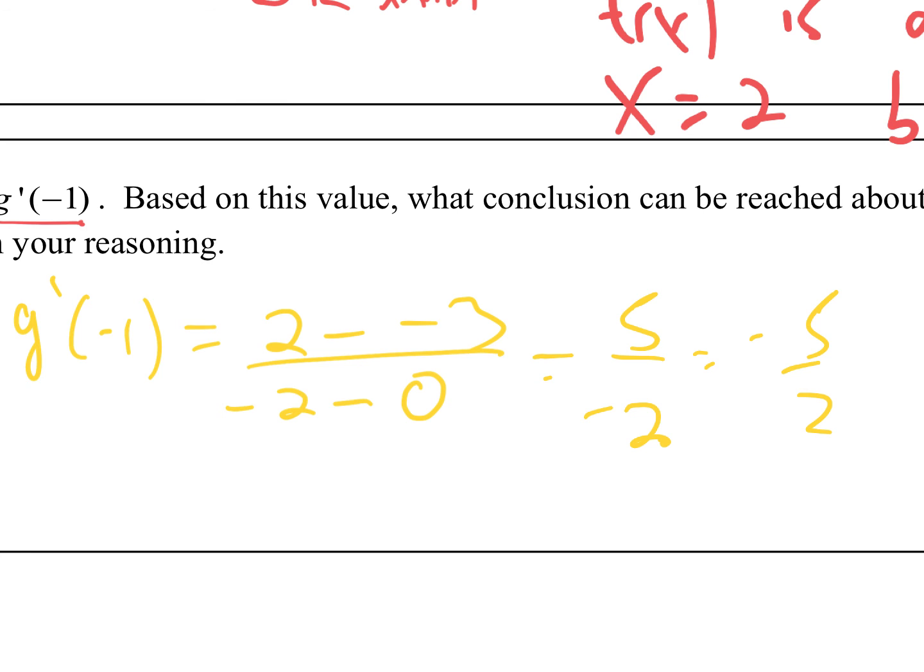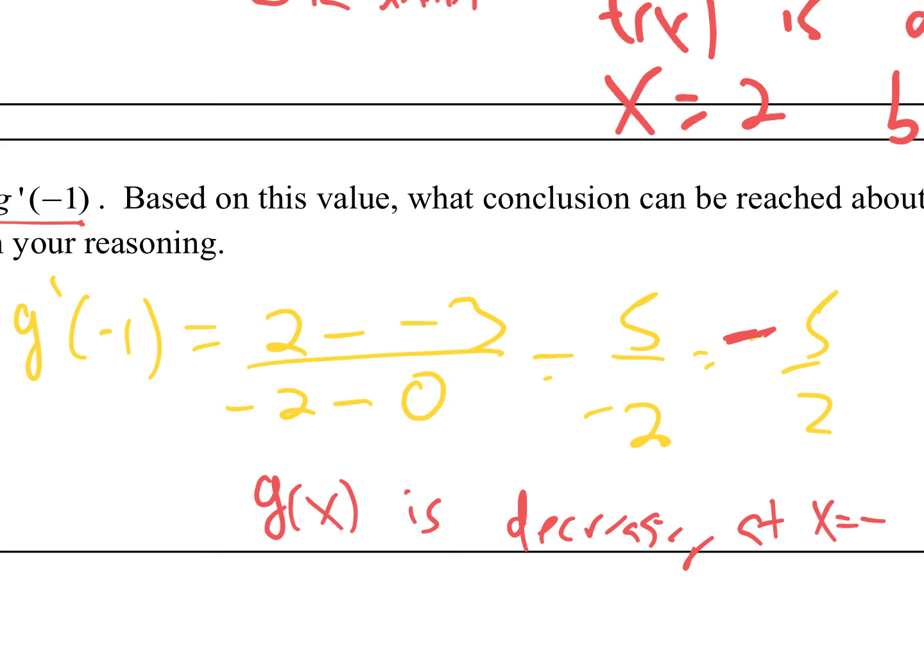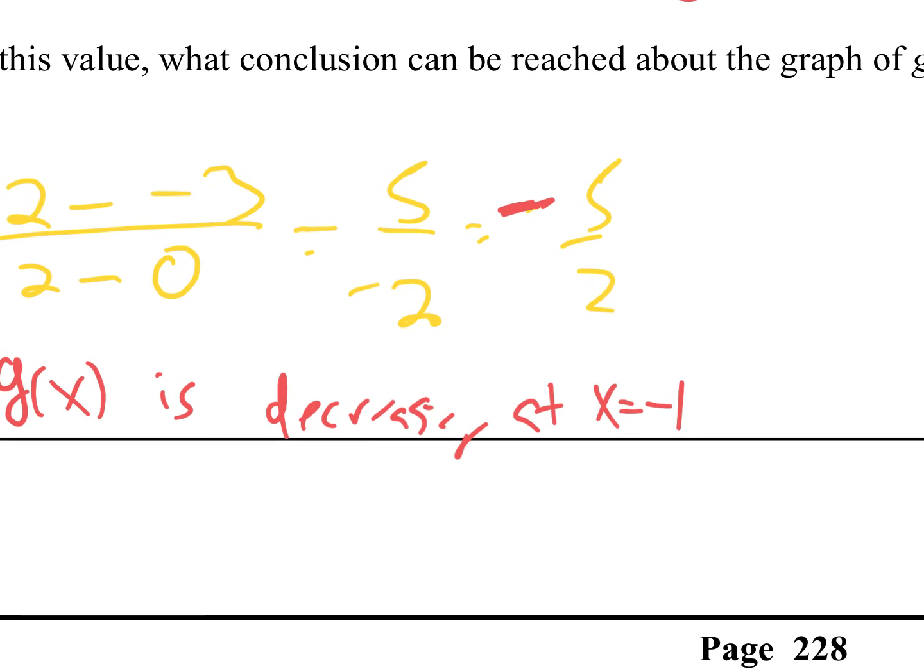And by goodness, it definitely is negative. So I'm going to say that g of x is decreasing at x equals -1, since g prime of -1 is less than 0.